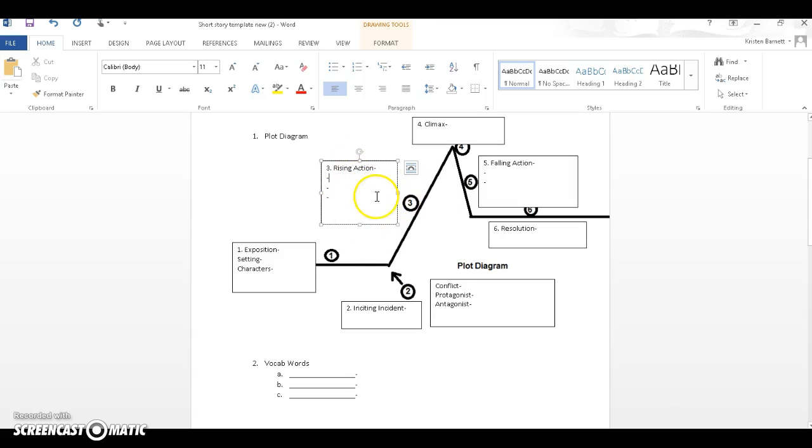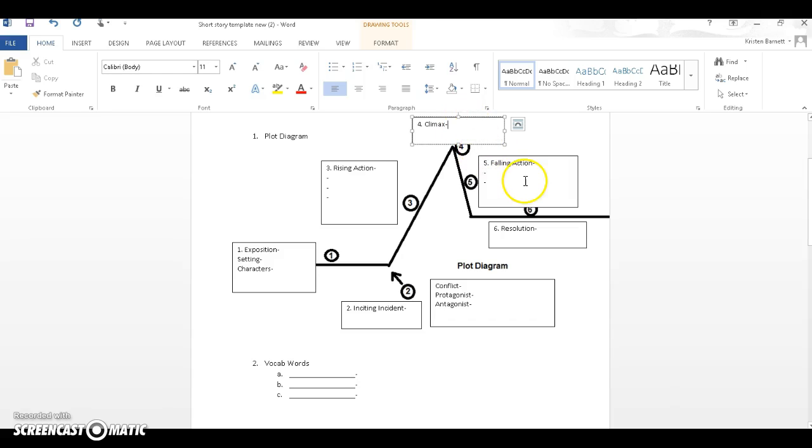But this is all the events that build the tension leading to the climax, which is the turning point of the story. The power shifts in the story, typically from the antagonist to the protagonist, but not all stories have happy endings. But it's the turning point, the point of the story that has the most tension. That's normally in a story where you pause and you're like, whoa, what just happened?